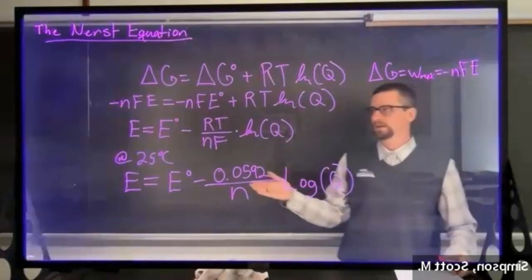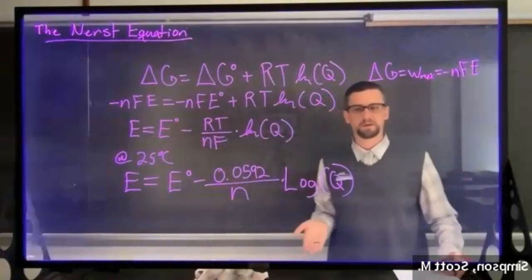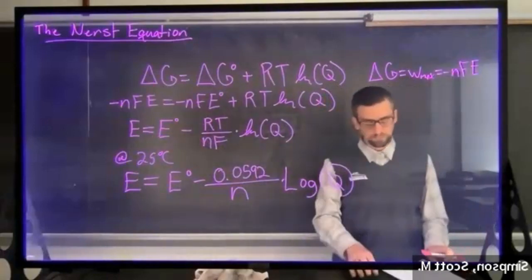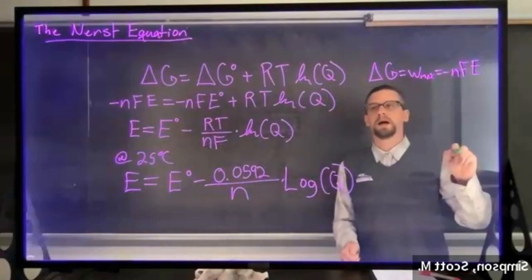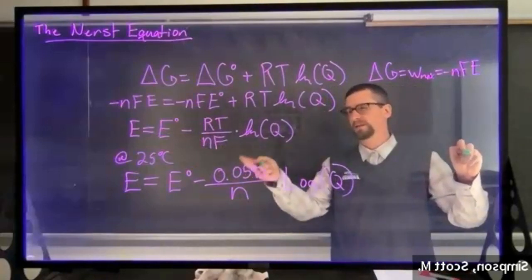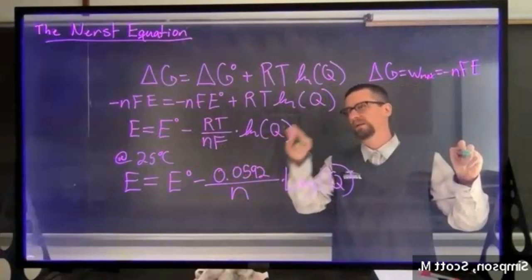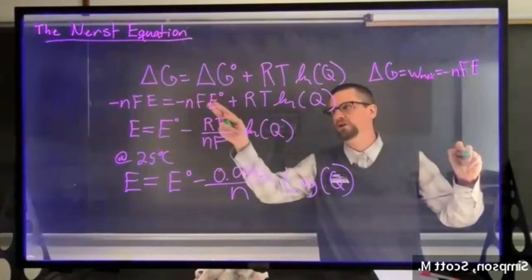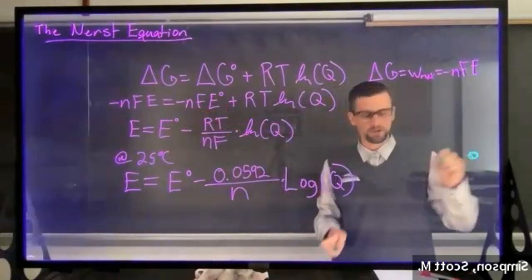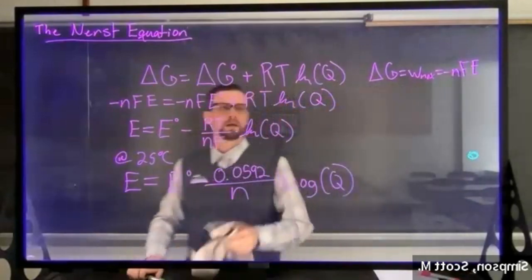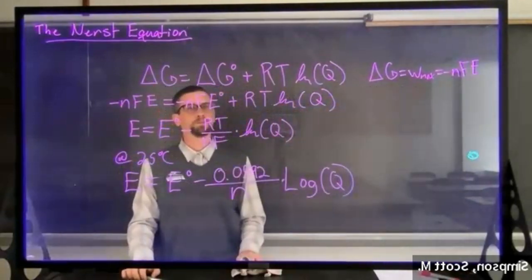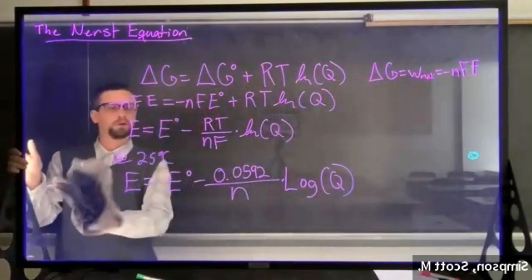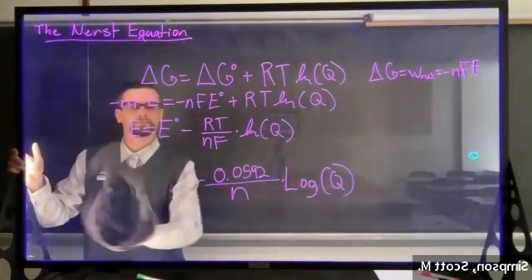If we want to know a cell's potential at non-standard conditions, we can do that. If we know the potential we measure and what E naught should be, we can solve for Q. So let's look at an example utilizing this.